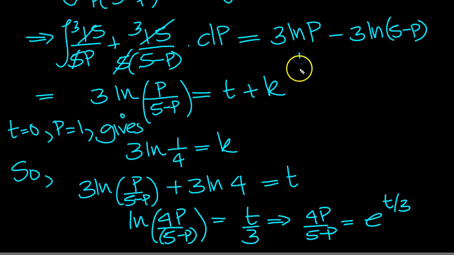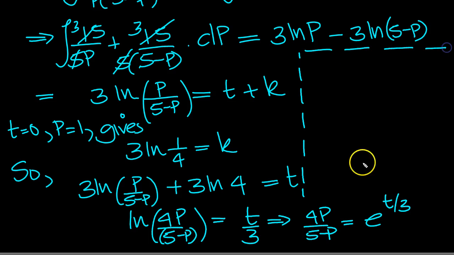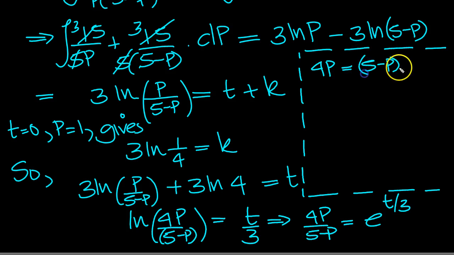Now I'm going to put the rest of the work up here, because I'm running out of room. So 4p then will equal 5 minus p times e to the t over 3.